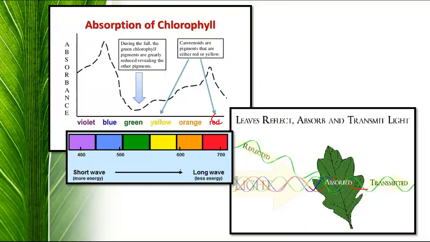This is the absorption of the chlorophyll pigment molecule of the leaf at different wavelengths. Here for chlorophyll A, the blue light has the highest amount of absorption, while the yellow and green light have a lesser amount.